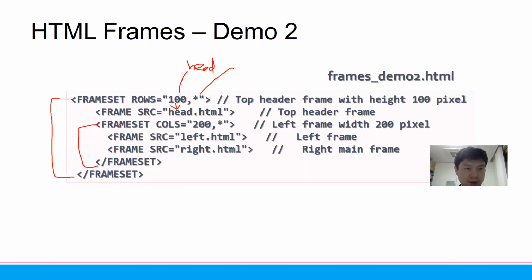The remaining will be a frameset with columns 200 comma star. 200 means the left frame, and the right frame will be the remaining. Star means the remaining size. So from this example, you can combine rows and columns, and set the size according to your frameset and how many frames you want to put into the HTML files.